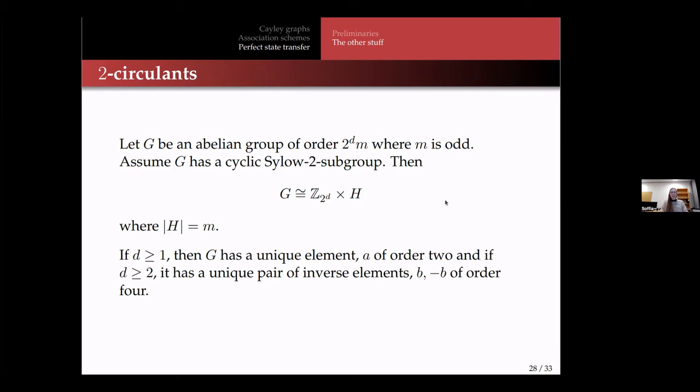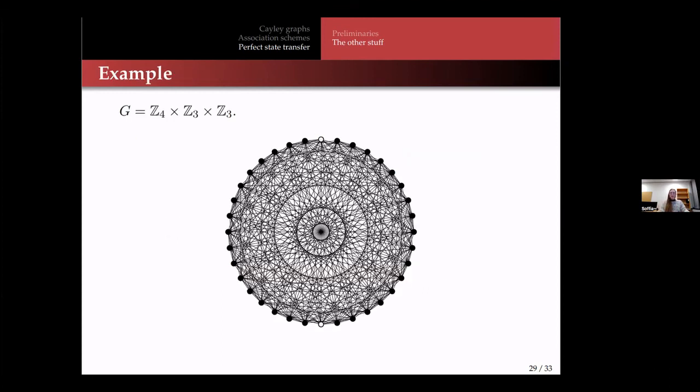So we have the unique element of order 2, which is called A, and the unique pair of inverse elements of order 4, which are called B and minus B. Here's just an example of a graph, which is a 2-circulant. It's a Cayley graph of this group here. It is not isomorphic to a circulant, and it does have perfect state transfer.